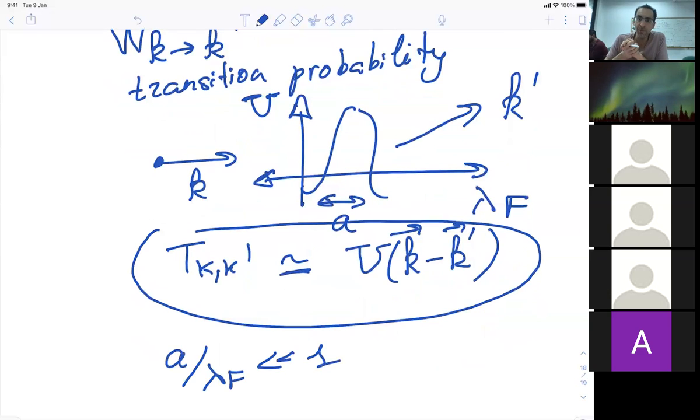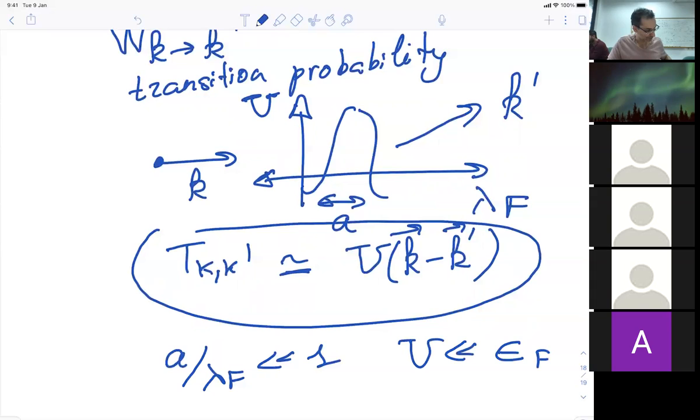So this typically is sufficient when the impurities are weak and small in size. So the size of the impurity is much smaller than lambda Fermi, and the potential U is much smaller than the typical energy of the electron. It's called Born approximation.